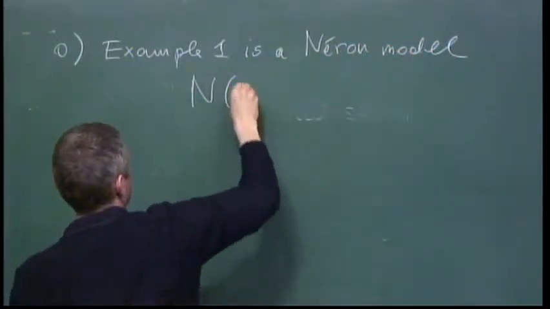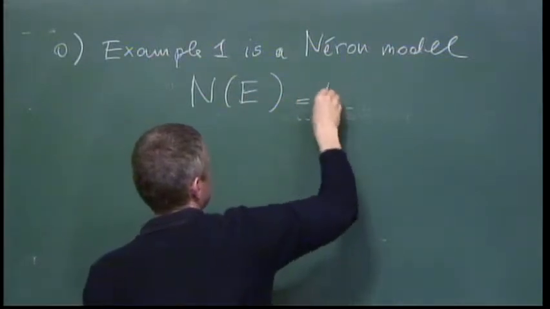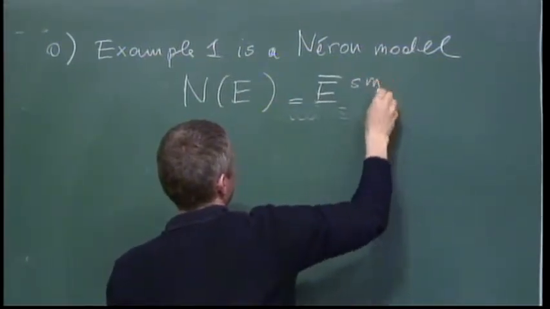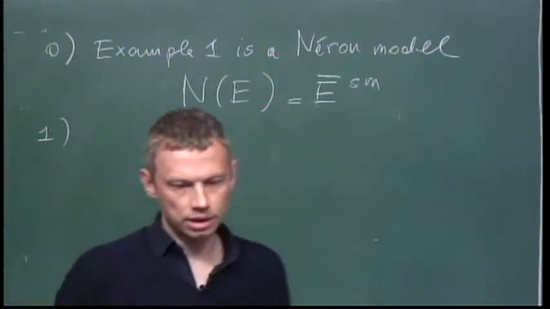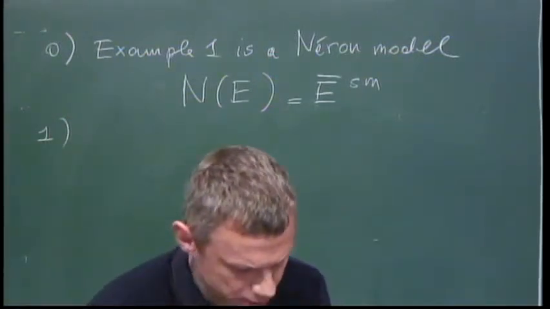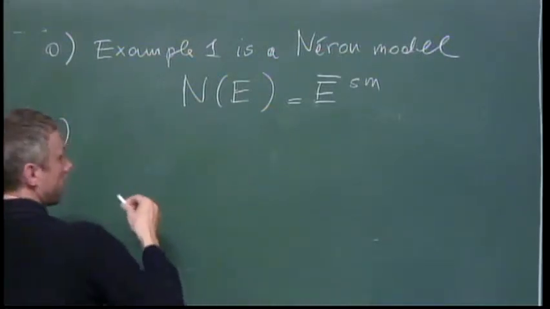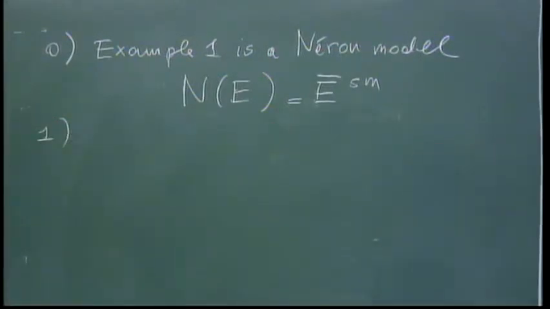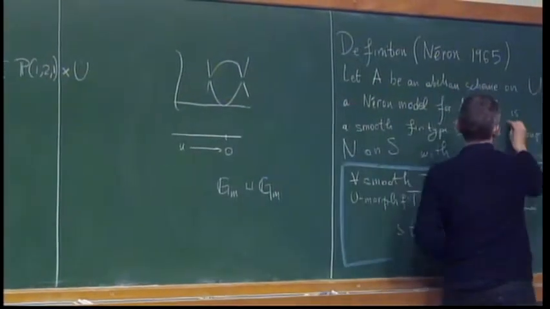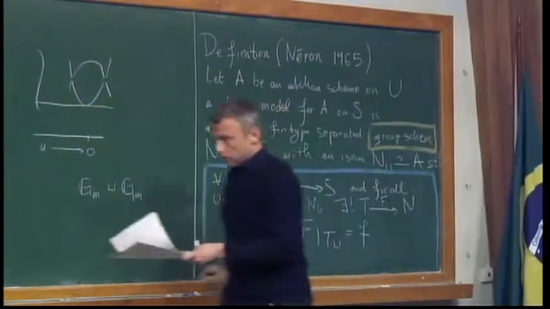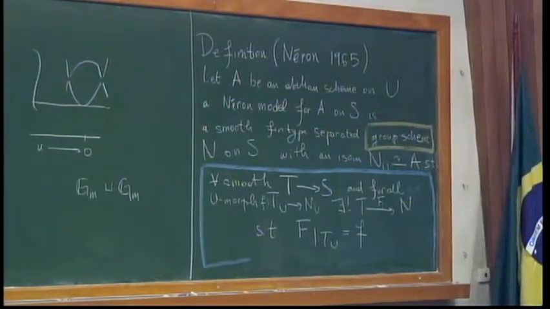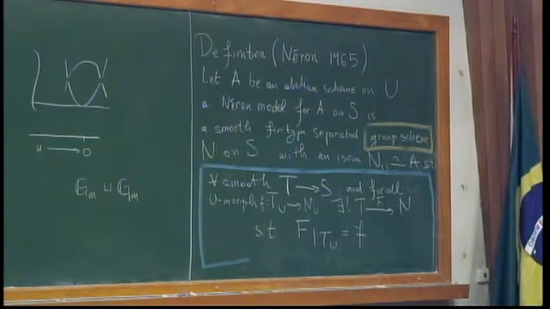Namely, the Néron model of E is indeed this. Remark number 0. Remark number 2 says that even if I suppress these words, group scheme here, I don't change anything.